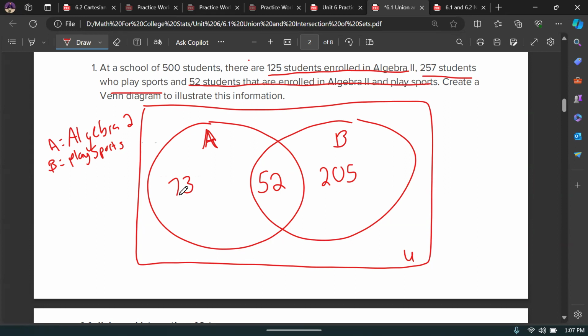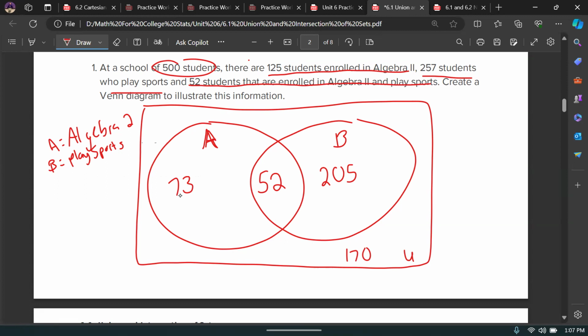We've accounted for 330 so far, but remember there's 500 students in total, which means that there are still 500 minus 330, 170 students left who are not enrolled in Algebra 2 or play sports. So that's the number on the outside, 170 people who are not in either of these.